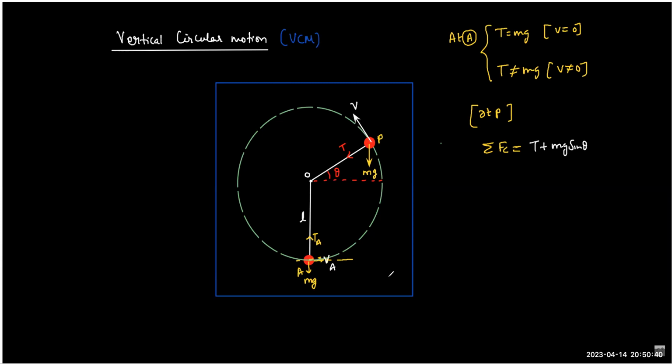And now, as per the dynamics of circular motion, what do we know? The net force towards the center is equal to m V square by R, right? So T is how much?